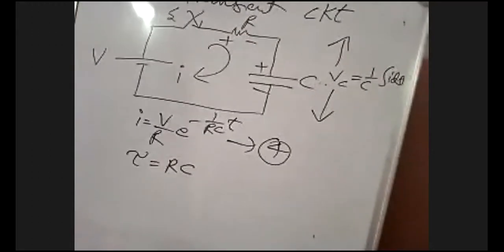Why is it RC? See here, e power minus 1 by RC. If you substitute T is equal to RC here, RC is going to be cancelled, and e power minus 1 will remain.